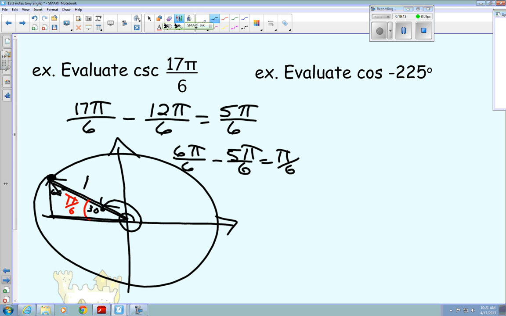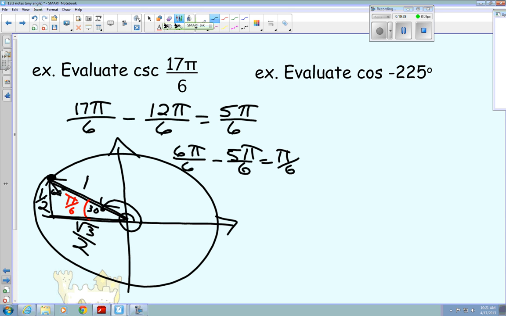You divide by 2. So if this was 2a, this would be just a, so I have to divide by 2. So the short leg is a half. Then to find the long leg, I take the short leg times root 3. So root 3 times 1/2 is root 3 over 2.